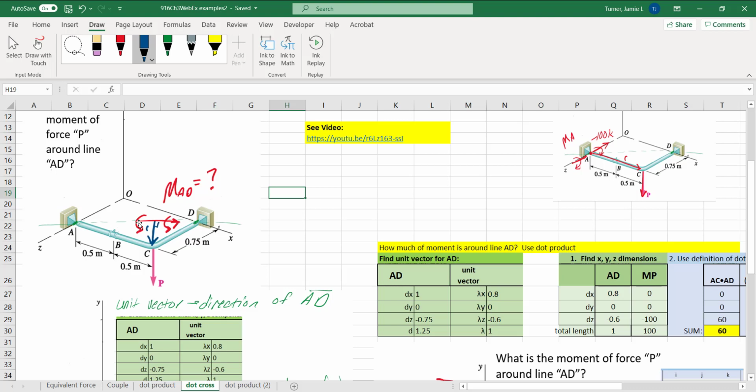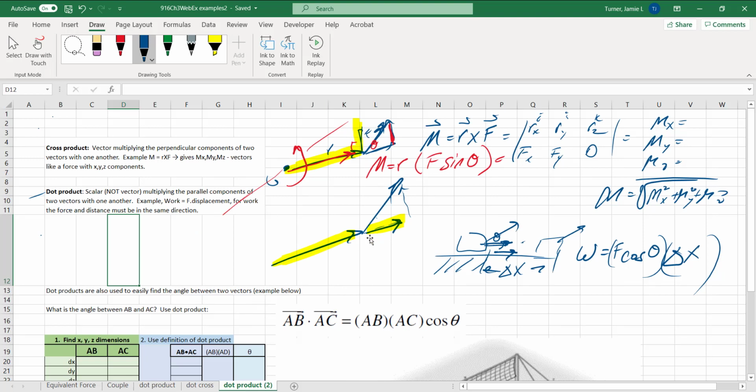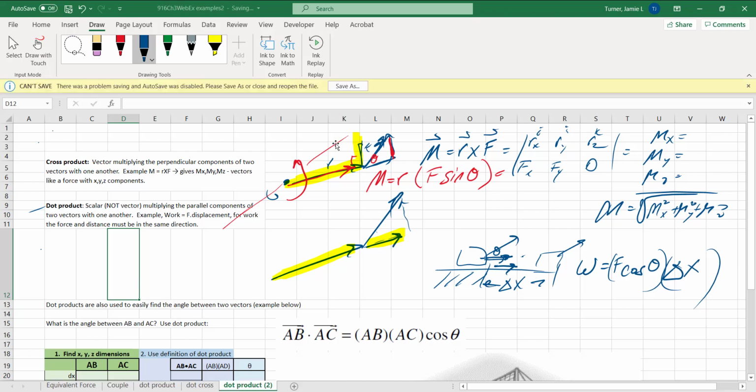If I know what direction I'm interested in, I can use the dot product to figure out how much of this vector is going here. Breaking vectors into normal and tangent components is a very common thing that you'll see in a lot of different applications and vector problems.